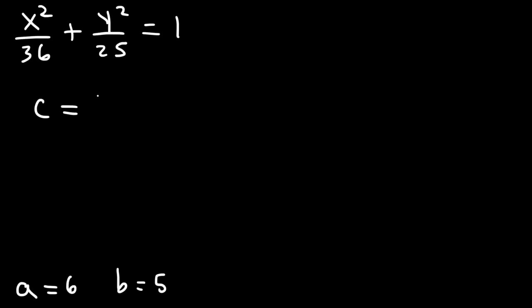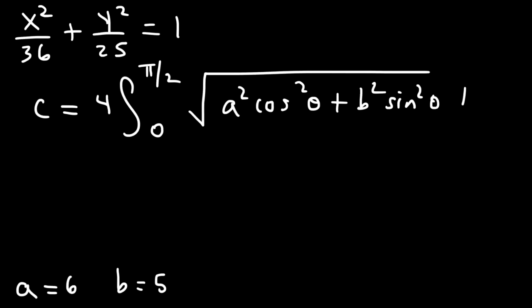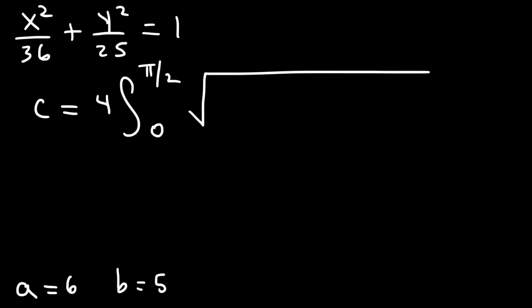Let's start with this equation. So it's 4 times the integral from 0 to pi over 2, square root of a squared cosine squared theta plus b squared sine squared theta d theta. A squared is 36, and b squared is 25.